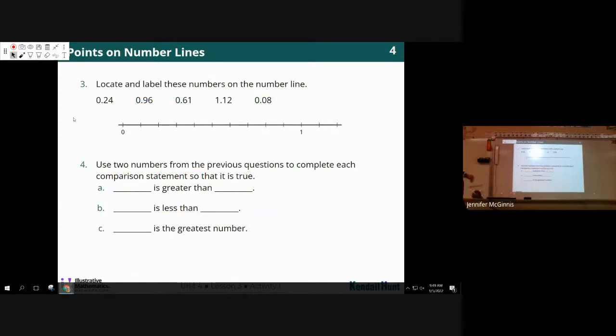Locate and label these numbers on the number line. Use 2 numbers from the previous questions to complete a comparison. Okay. So you can do this in your Cactus notebook. I want you to draw a number line. Make it like the whole side from pink line to pink line, the whole size of your page. Okay?